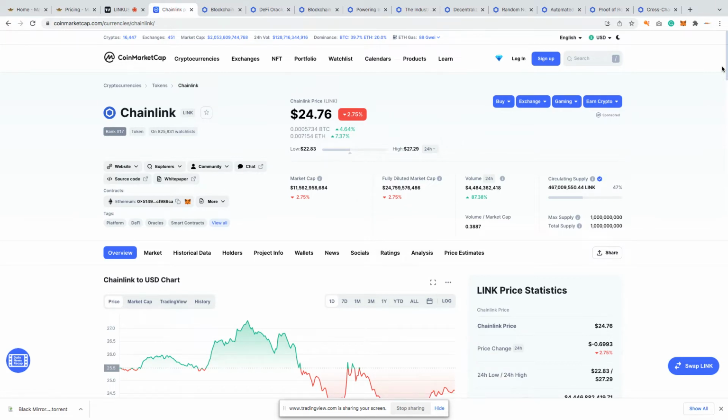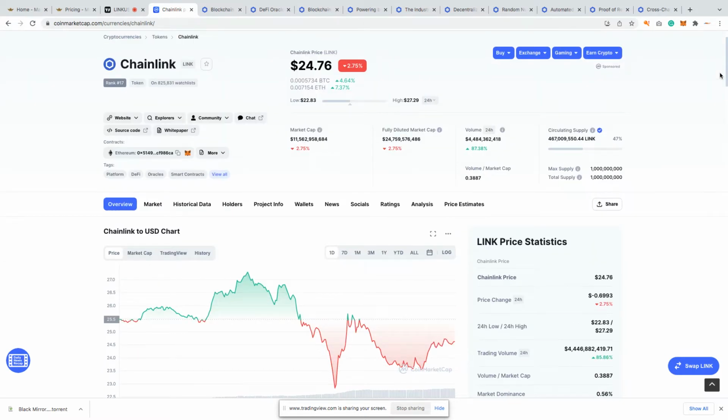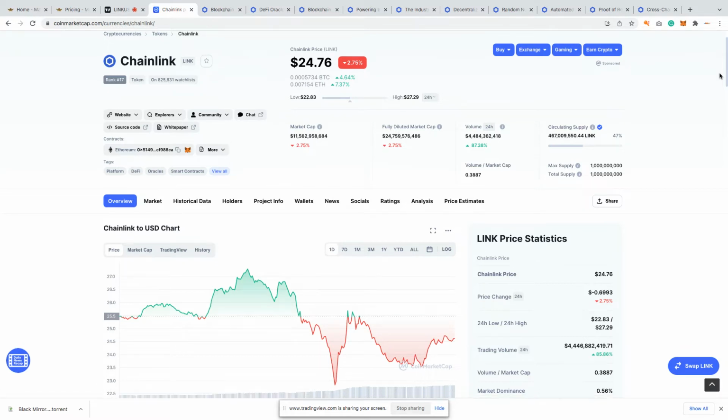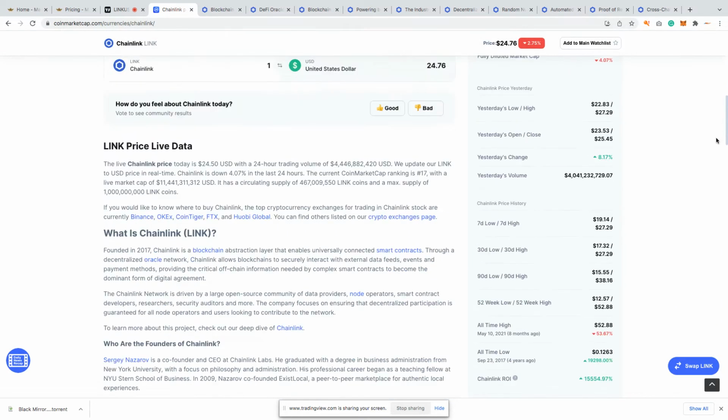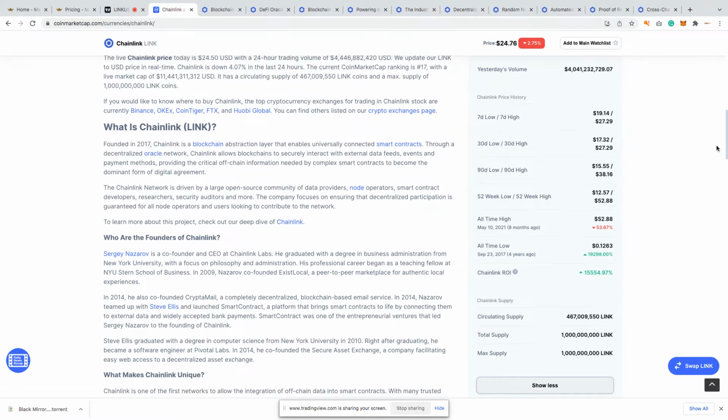The maximum supply is also 1 billion. Now, the current circulating supply is approximately 467 million. The current market cap also happened to be approximately 11.562 billion.